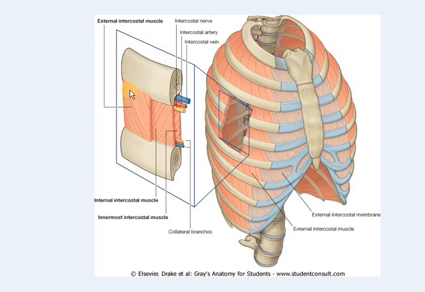You can see in this picture the fibers are running downwards, forward and medially, whereas the fibers of the internal intercostal muscles run downwards, backwards and laterally.